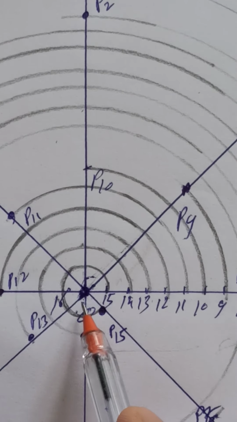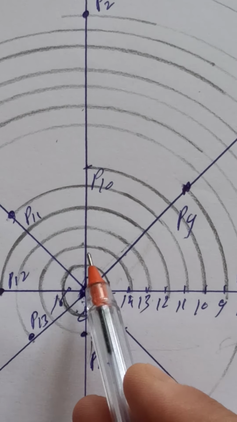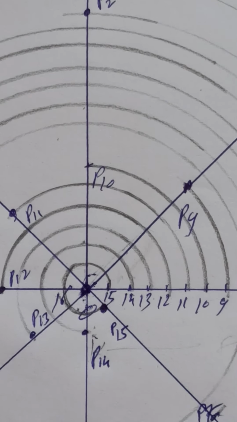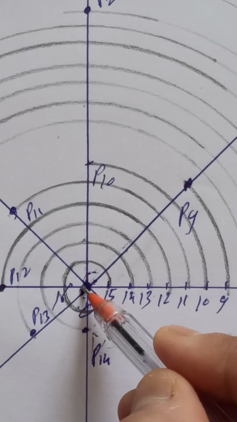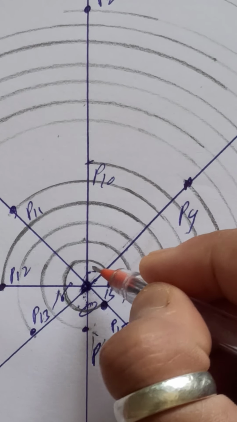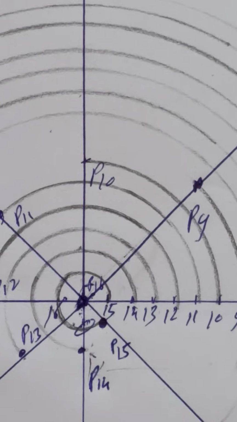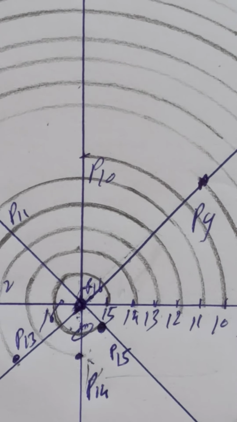Okay, you say that O center and 15 radius, we draw a circle at that extension line which passes through point 15. And that O center is your last point, P16.